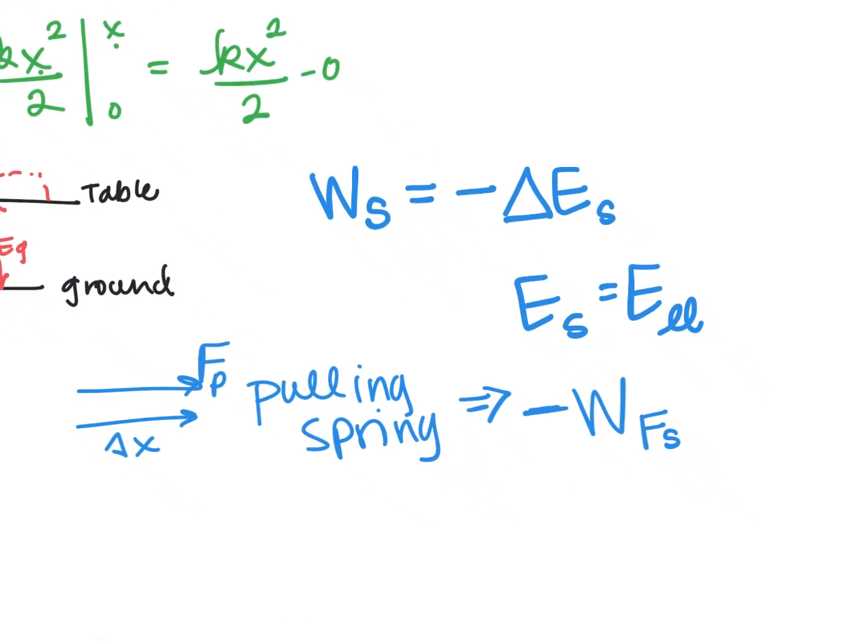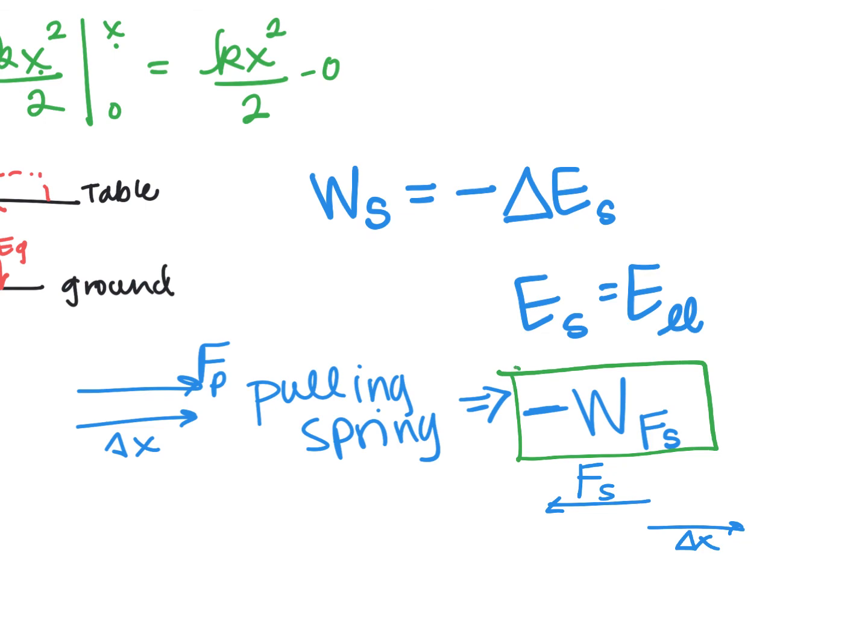But the spring force was negative, it was pointing to the left, while we were moving it to the right. And so our negative spring force times our positive displacement means that the work done by the spring is negative.